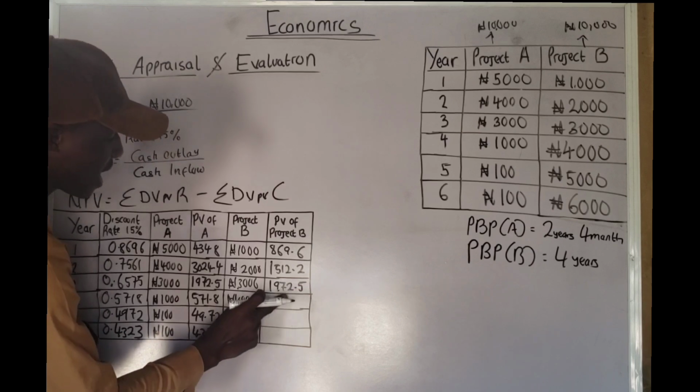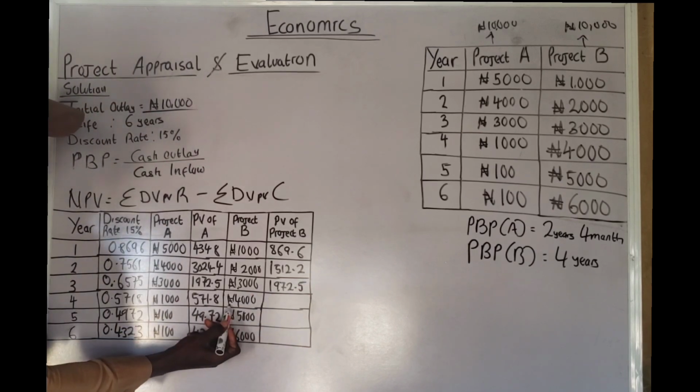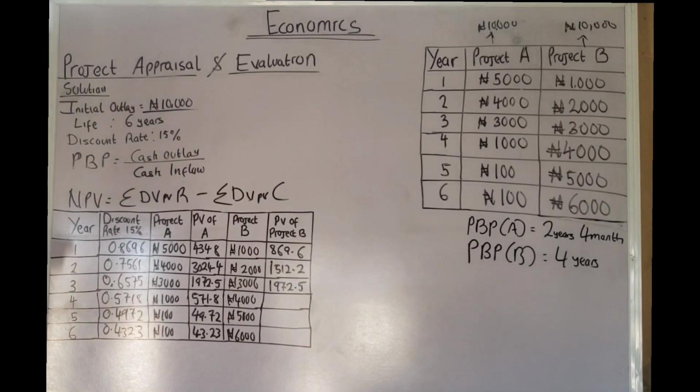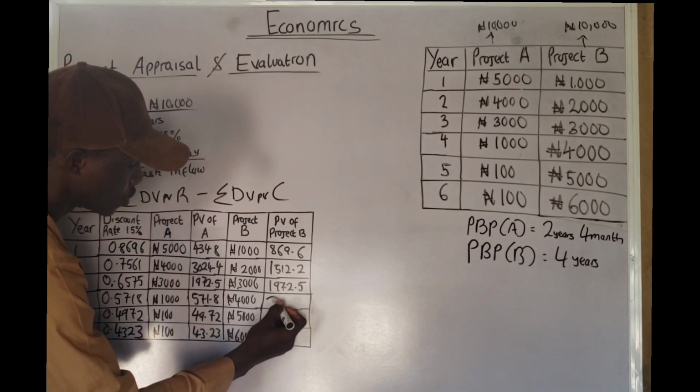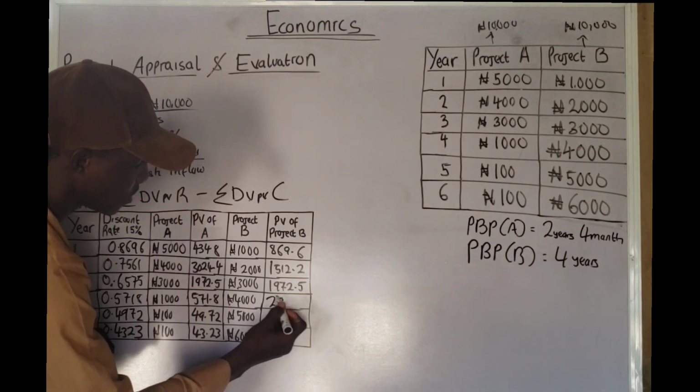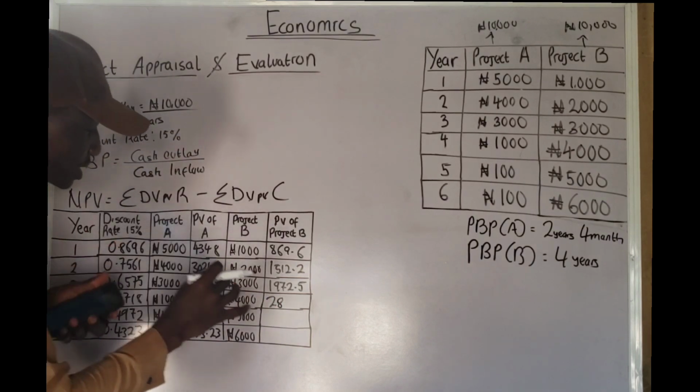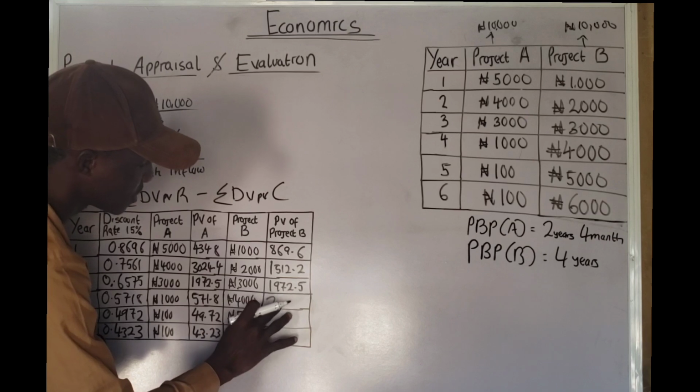Okay, and for these cells I'm going to have 4,000 naira multiplied by 0.5718. That will be 2,287.2.